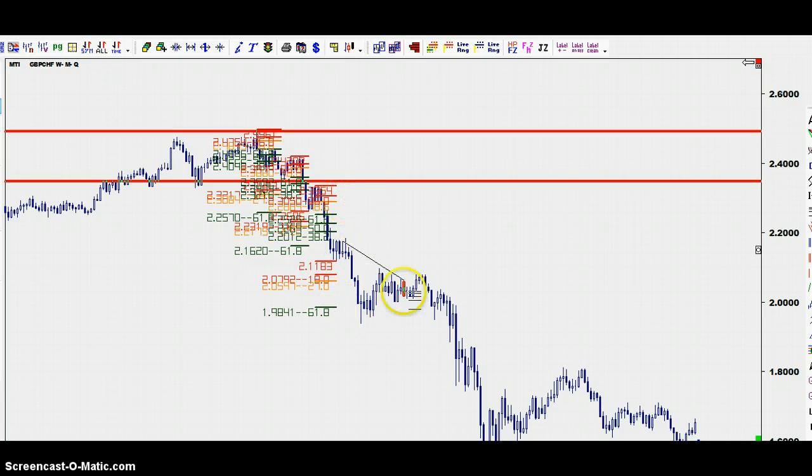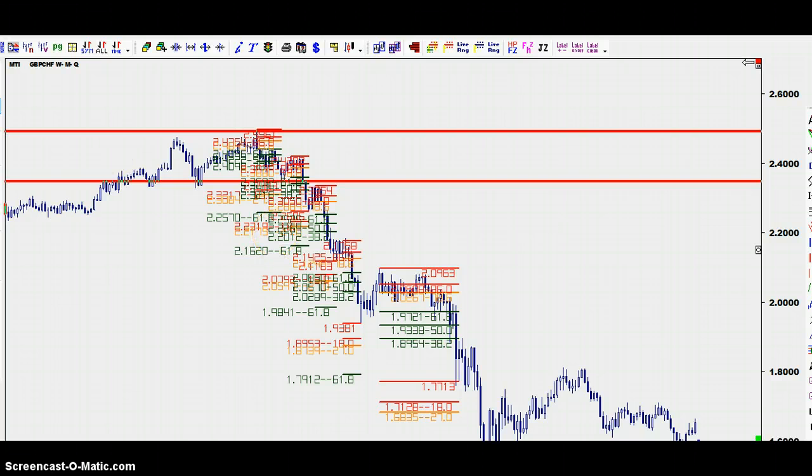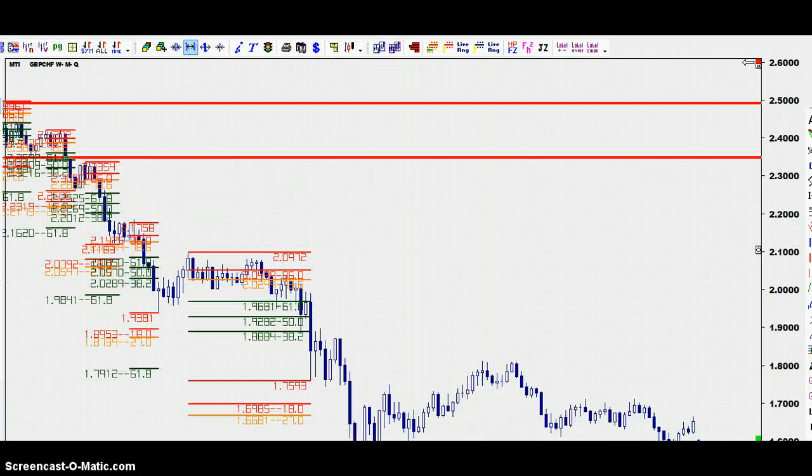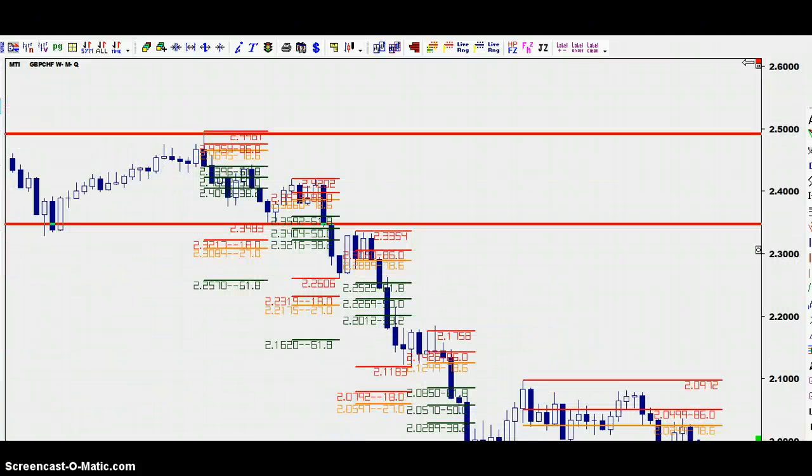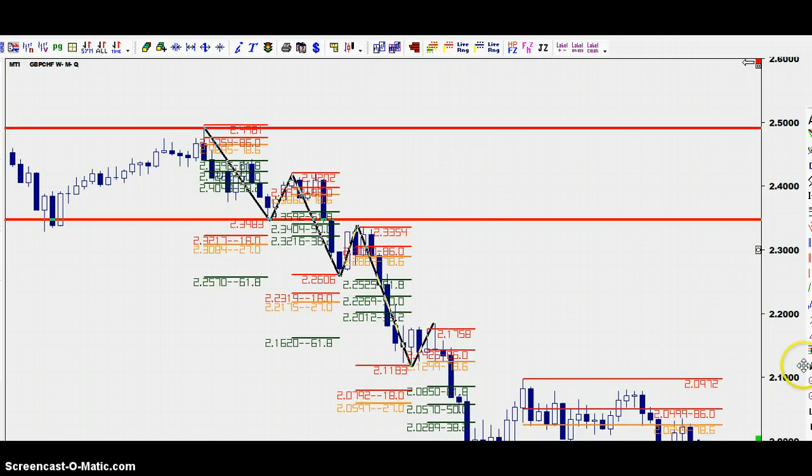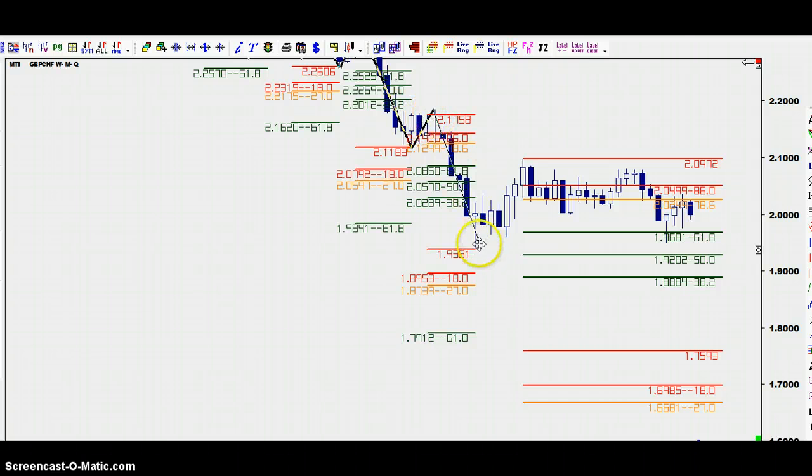All right, A to B, A to B, A to B. Oops, messed it up. Yeah, let's blow this up so we can put some lines in. A to B, C to D, A to B, C to D, A to B, should be here, and C to D.